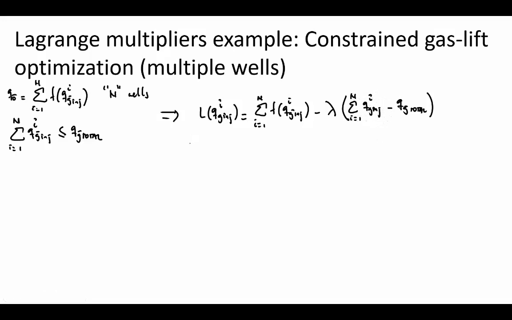Okay, now essentially we know that the maximum is achieved when the gradient of this L function is going to be equal to 0.